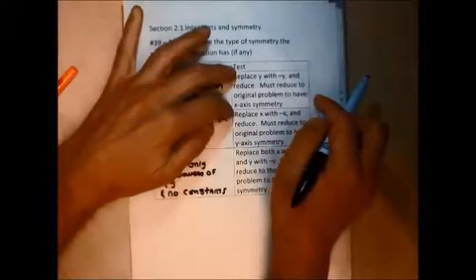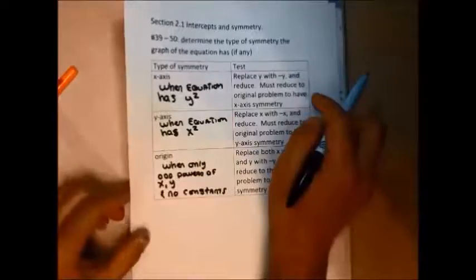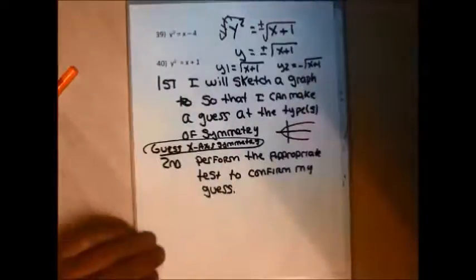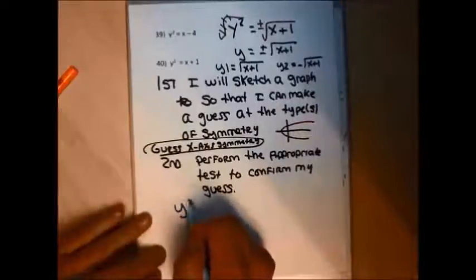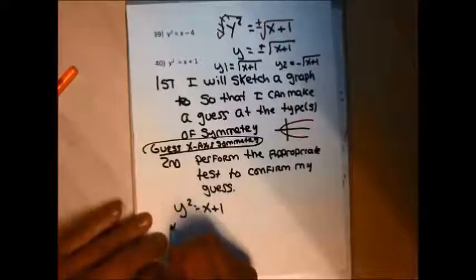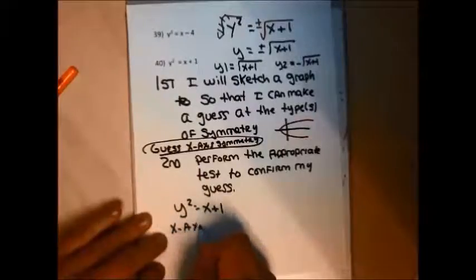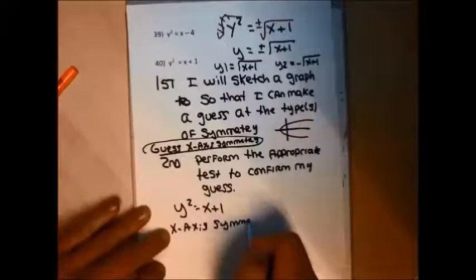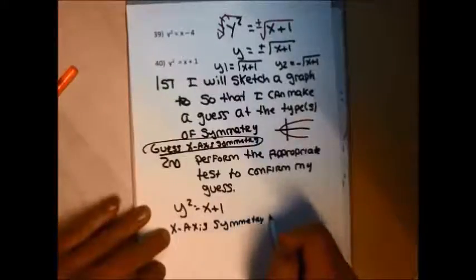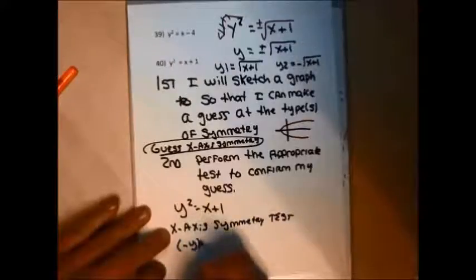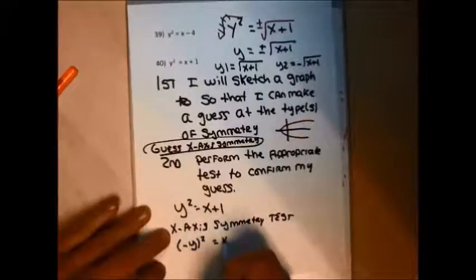So the test that I'm going to perform in problem 40 is I'm going to take the original equation, y squared equals x plus 1, and do the x-axis symmetry test, which is to replace the y with negative y and reduce.